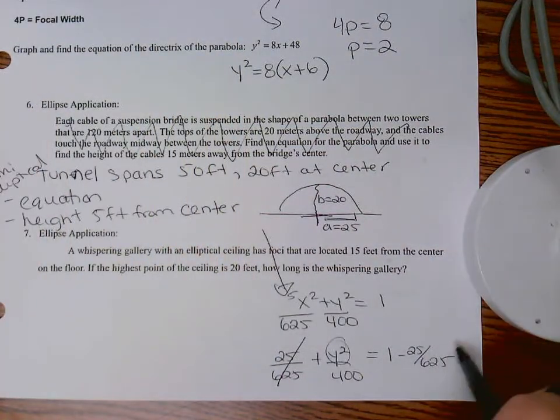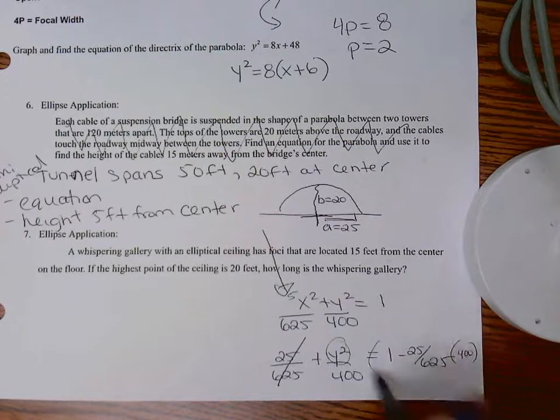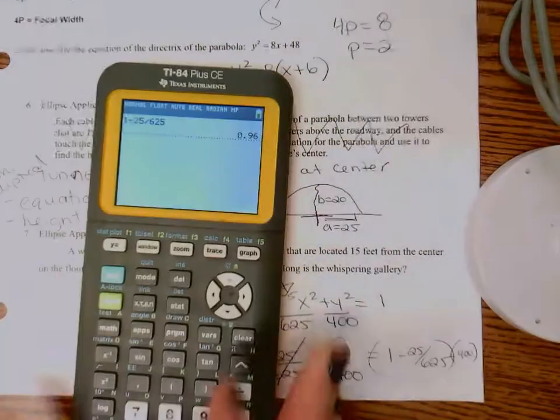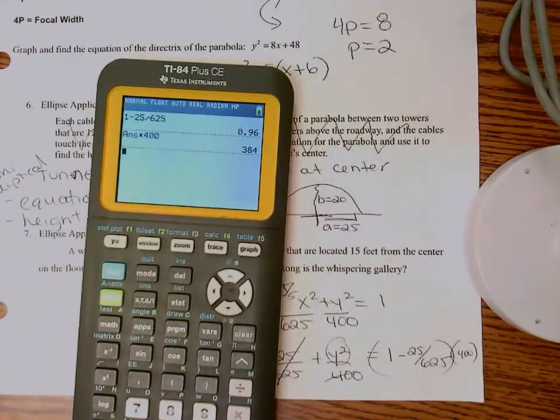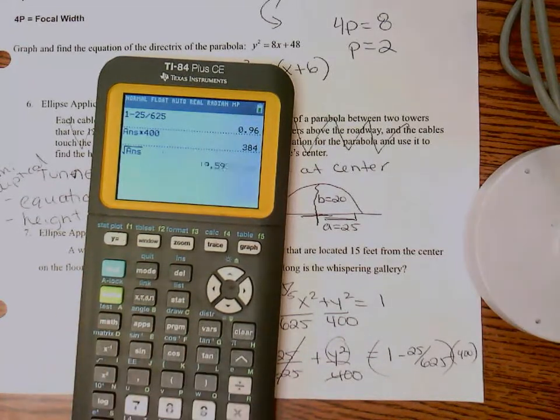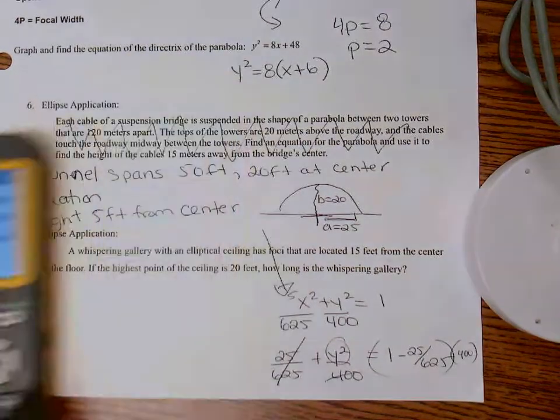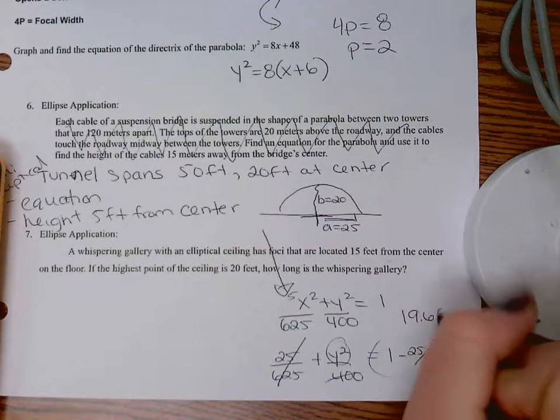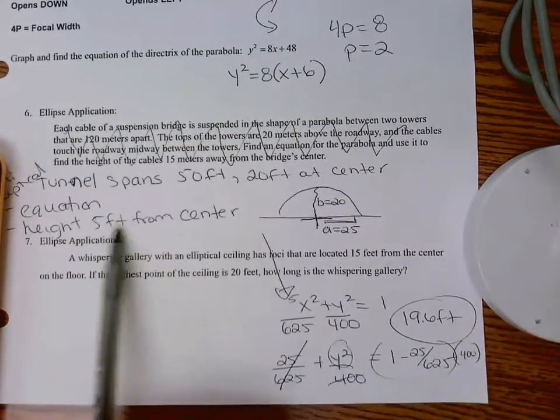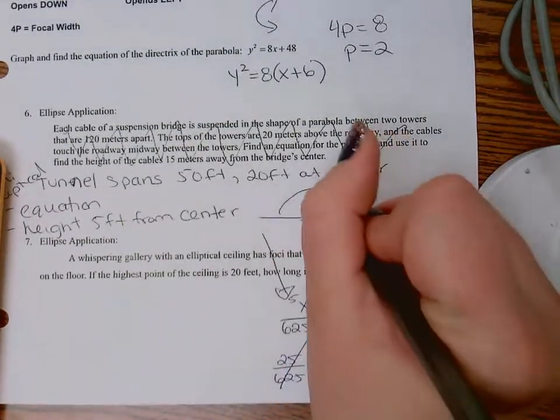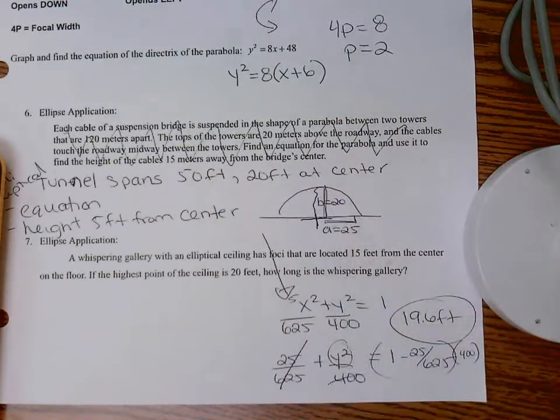Then I'm going to multiply by 400 on both sides. So 0.96 times 400. Then I'm going to take the square root of my answer. So it's about 19.6 feet out when I'm 5 feet from the center line. So this right here is still 19.6 feet tall.